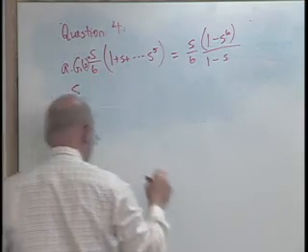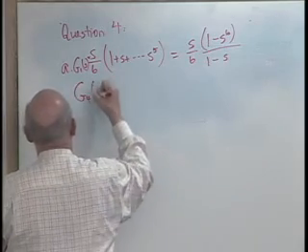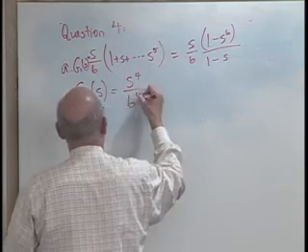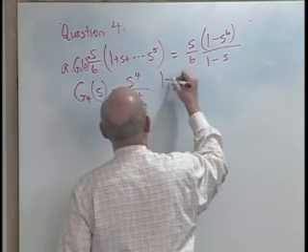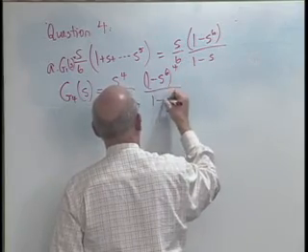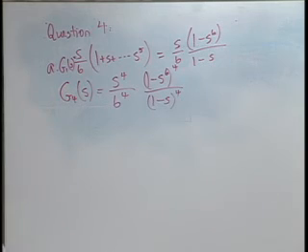And then for 4 dice, it's easy. This is where the generating function pays off. The generating function for 4 dice is s to the 4th over 6 to the 4th times (1 minus s to the 6th) to the 4th divided by (1 minus s) to the 4th.